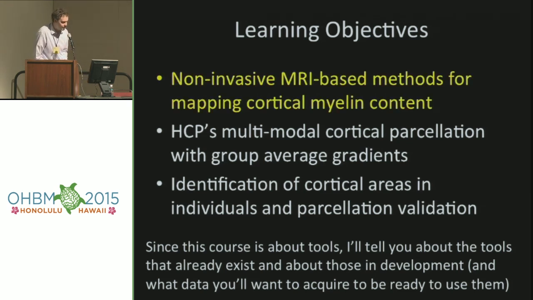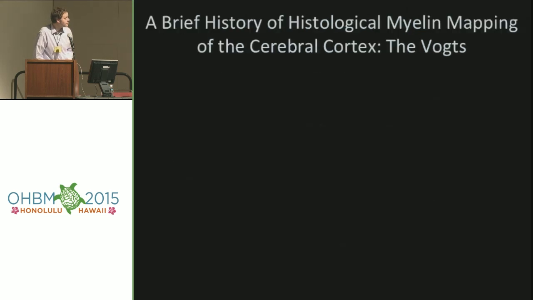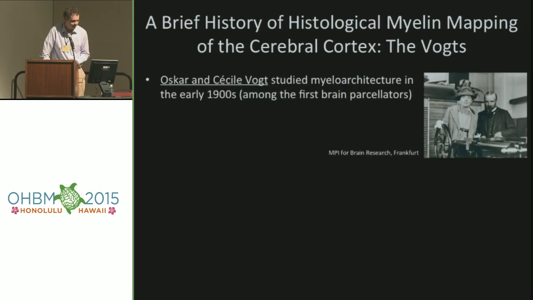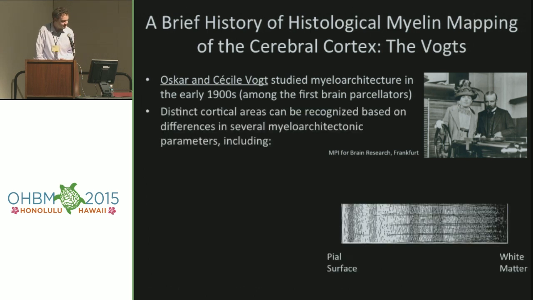So first, non-invasive myelin mapping. We've heard a little bit about this already from Simon, but the first people who were doing the histological myelin mapping of the cerebral cortex were Oscar and Cécile Vogt, and they were among the first brain parcellators in the early 1900s.